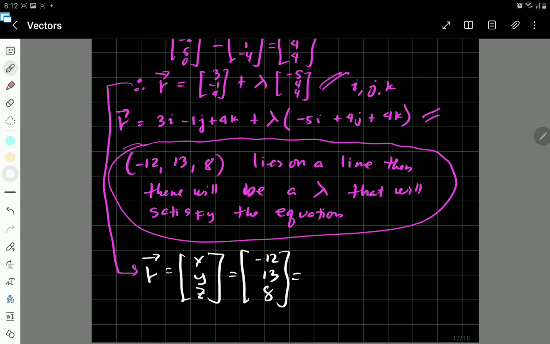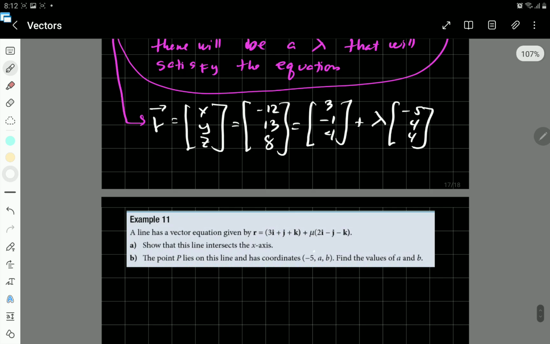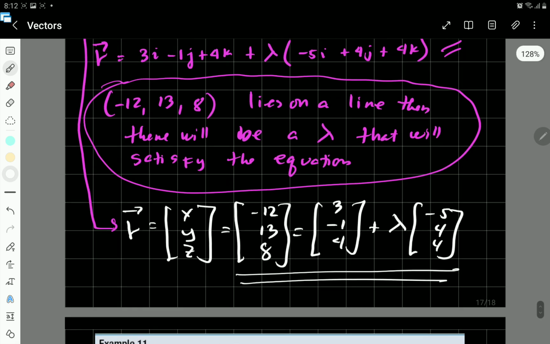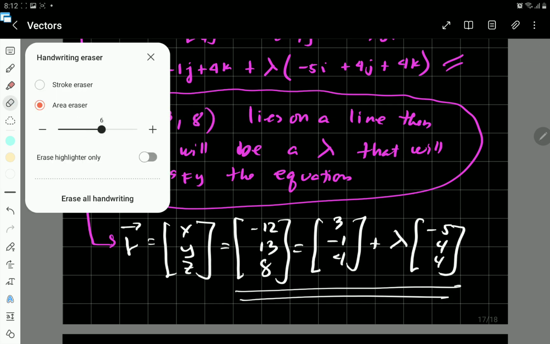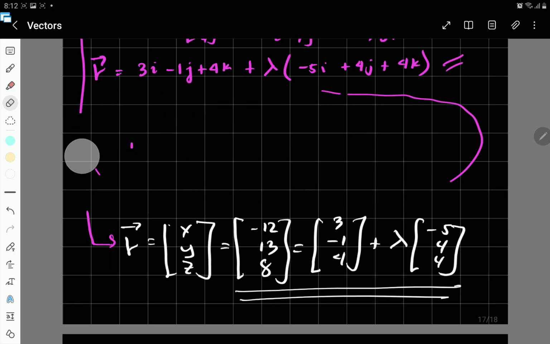And that is equal to your A, which is 3, negative 1, 4, plus some number lambda times negative 5, 4, 4. So basically here, you need to find a lambda that will satisfy this equation. And how are you going to do that? I need to erase this one because I have no space, so let me erase this for a while.